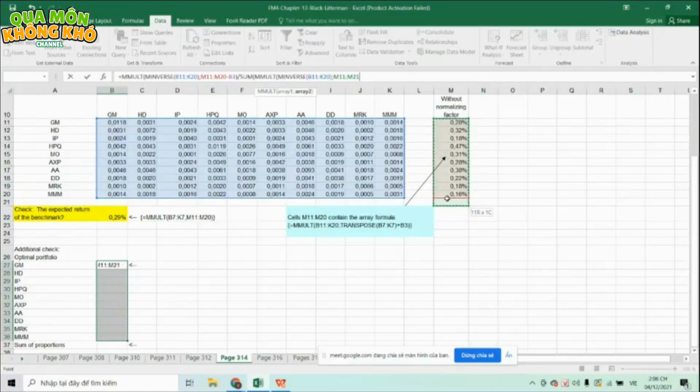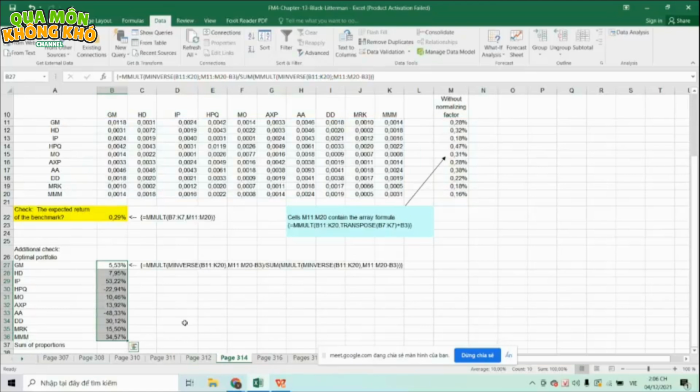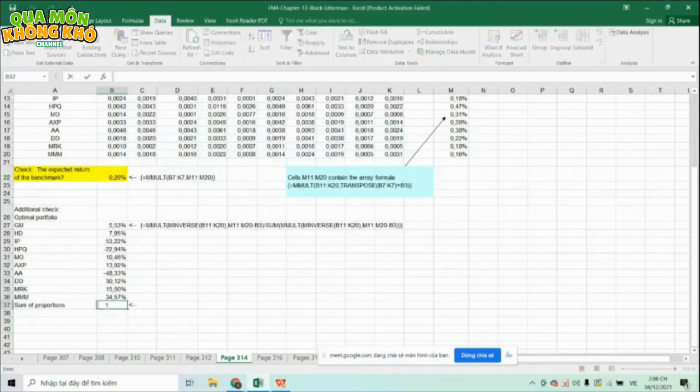Take this minus the B3, and we'll take the sum of this.